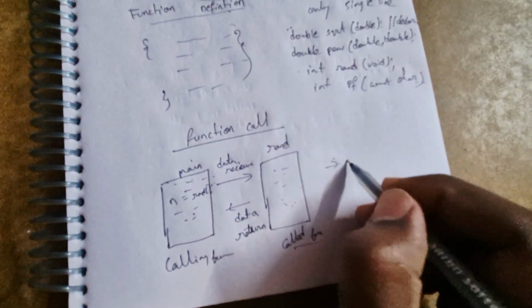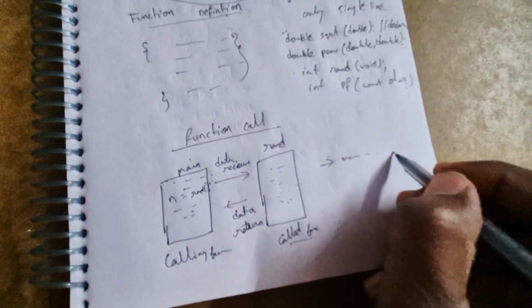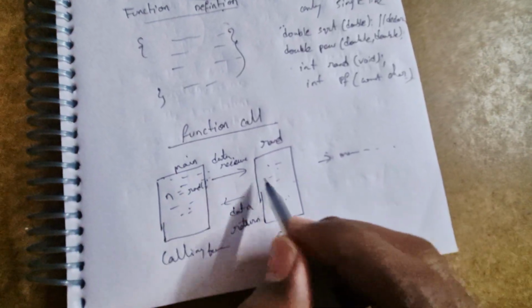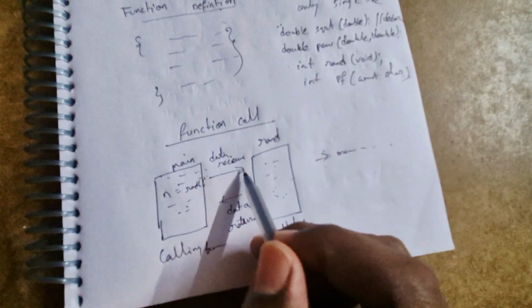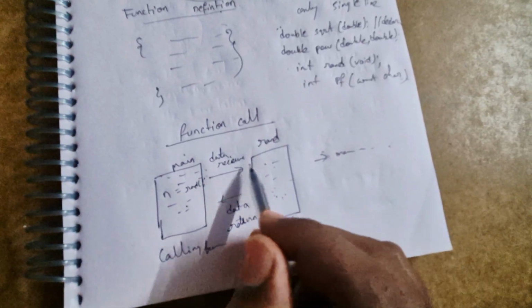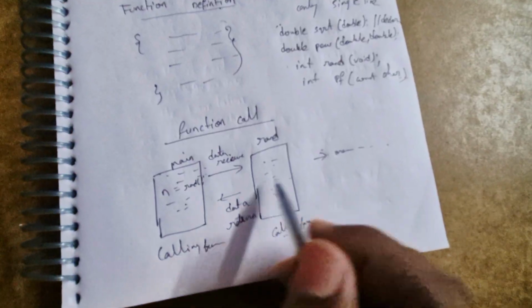Main is taking the help of the power function. In this, main is the calling function and power is the called function.